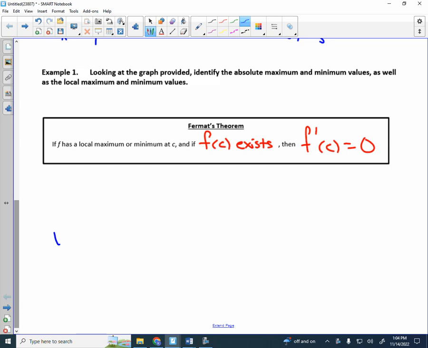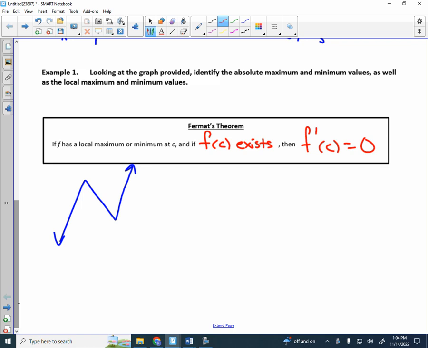And here's his idea in a very basic form. He says, suppose you have a function that looks like this. Local max, agreed? Is the derivative equal to 0 there? No, because the derivative does not exist at a corner, right? So he says, I'm not talking about graphs where the derivative can't be calculated.